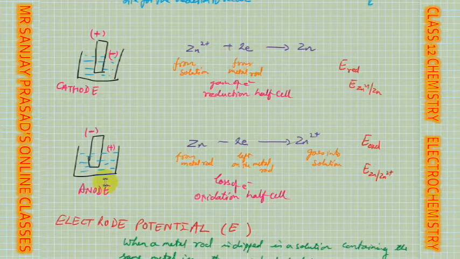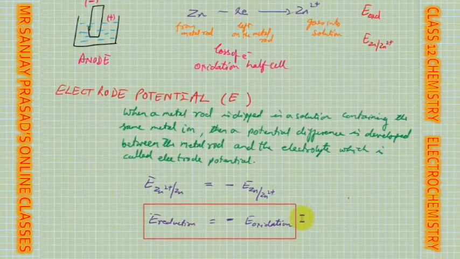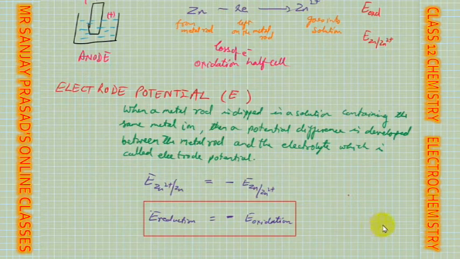It may be because of reduction, then we'll call it reduction electrode potential. So oxidation potential and reduction potential, they are related by this relation. The same magnitude but opposite sign. What is electrode potential? We are taking a metal rod, dip in a solution which contains the same ion. A potential difference is developed between the metal and the electrolyte, and that potential difference, we call it electrode potential.